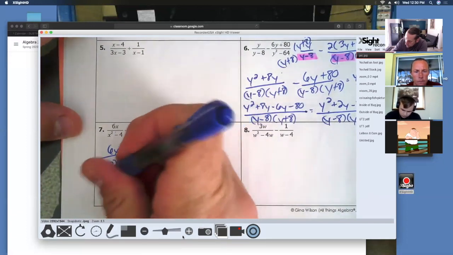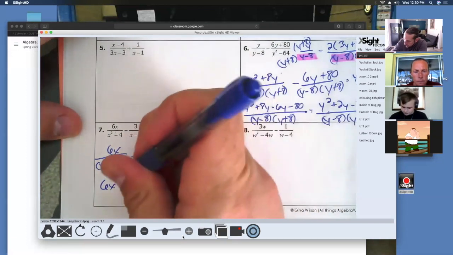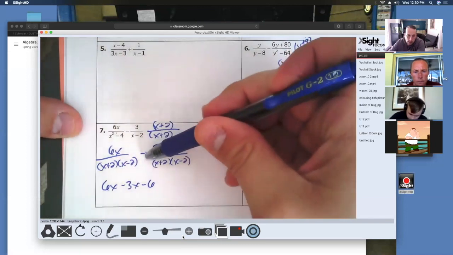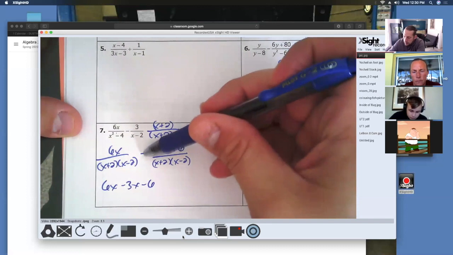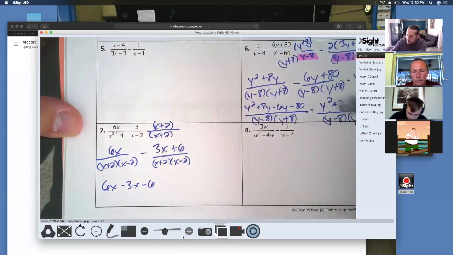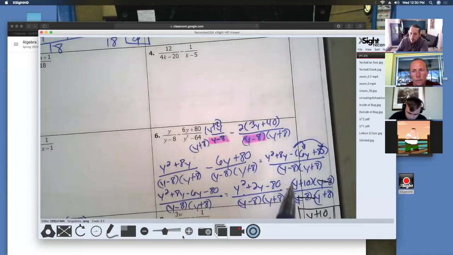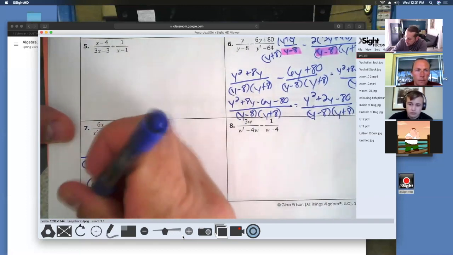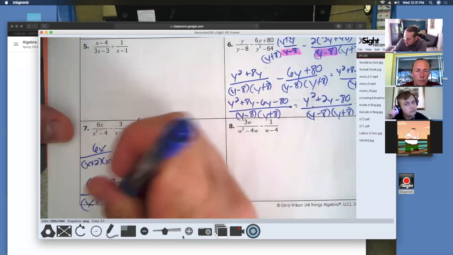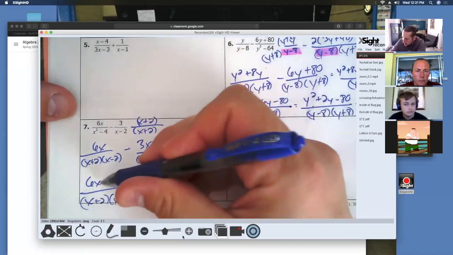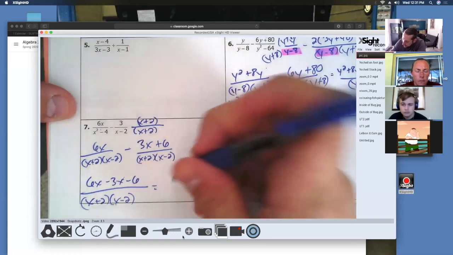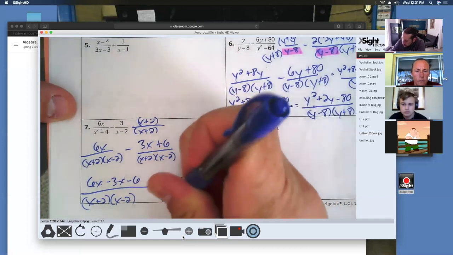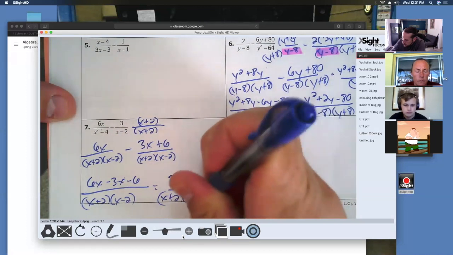So this is going to give me 6x minus 3x minus 6. Remember, when there's a subtraction sign here, you have to subtract this one and then distribute it to that 6 also. Instead of writing it out like we did up here, I just saved a little room here. This is x plus 2, x minus 2 still. Combine like terms up here, we get 3x minus 6 over x plus 2, x minus 2.